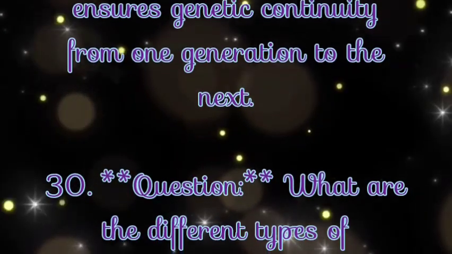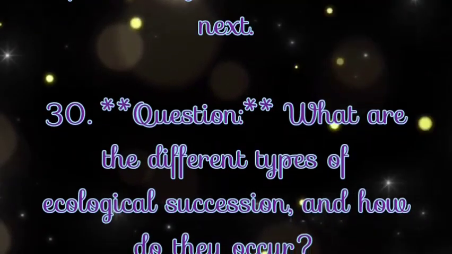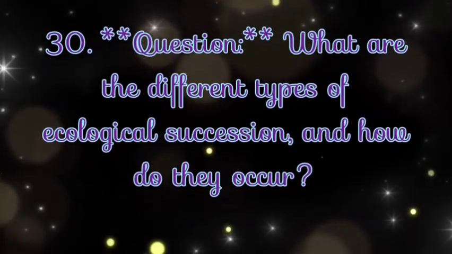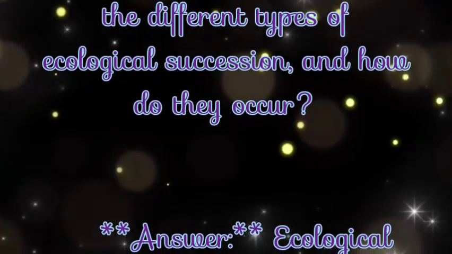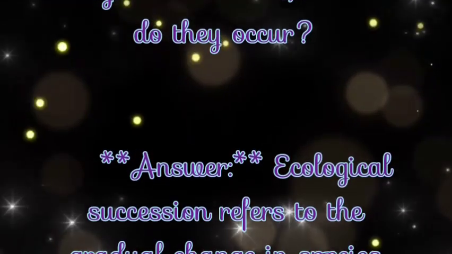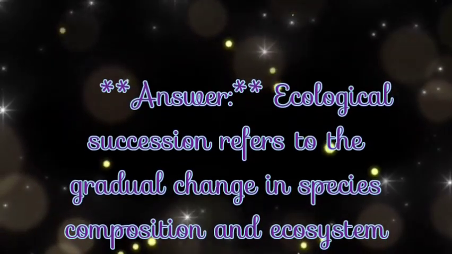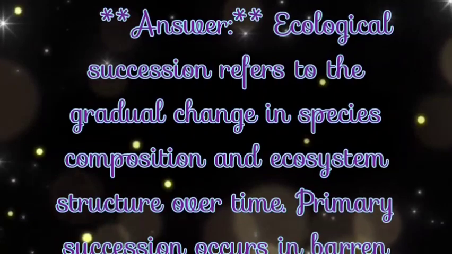Question number 30. What are the different types of ecological succession and how do they occur? Answer.